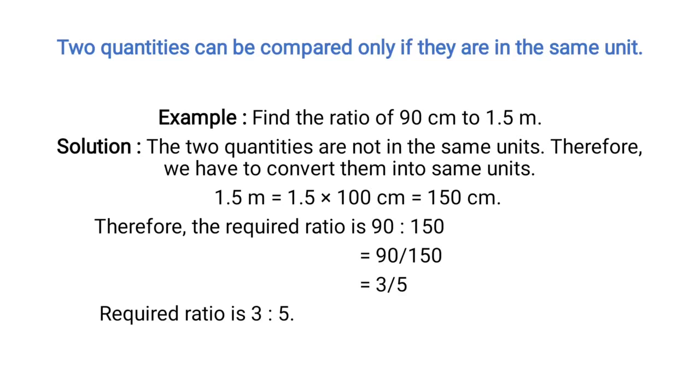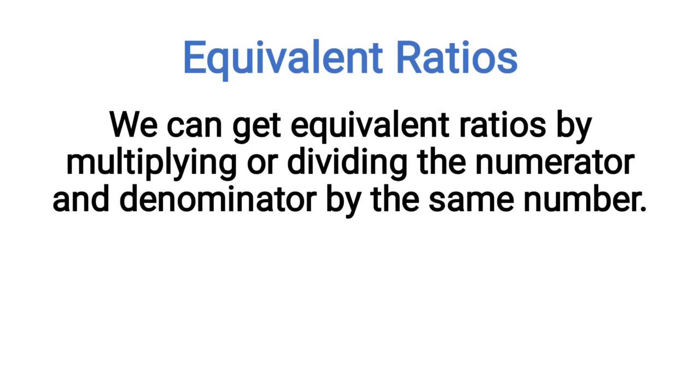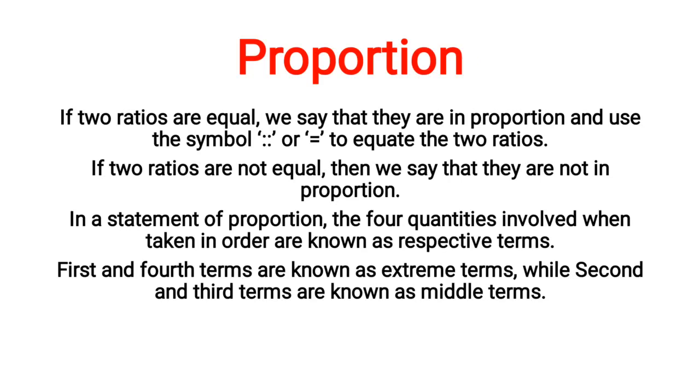Next, we shall also learn about equivalent ratios. Well, we get equivalent ratios by multiplying or dividing the numerator and denominator by the same number. Here, we shall also learn about proportion.